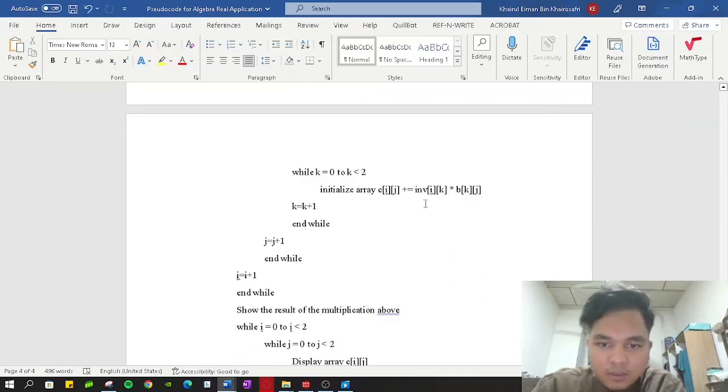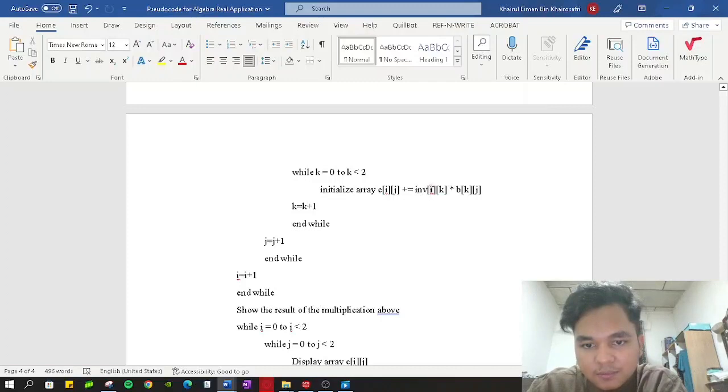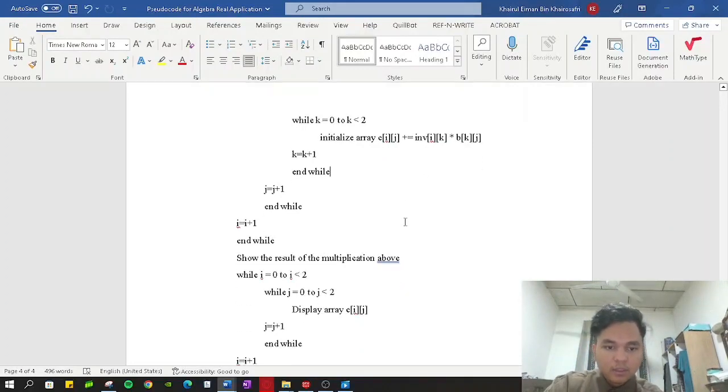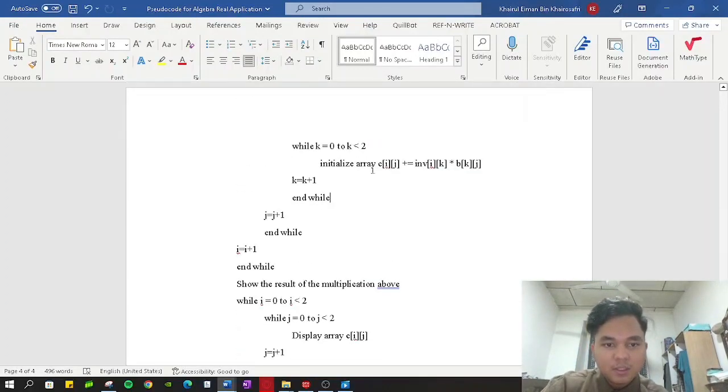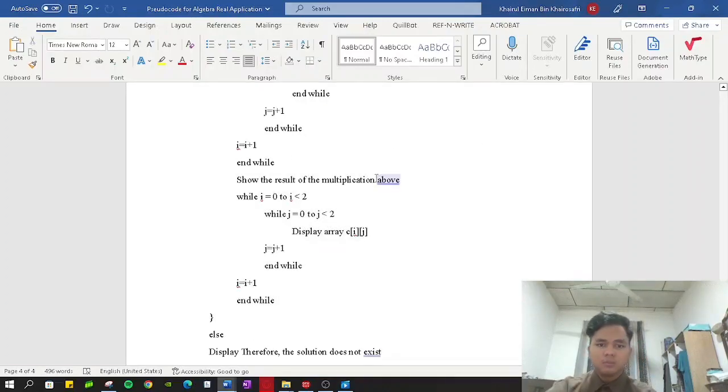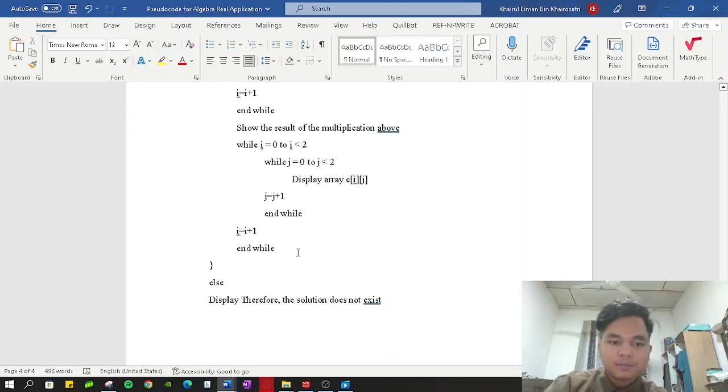So this means INV inverse i k times B. B means the second matrix, matrix B. So this is the process. After we finish the process, we need to show the result of the multiplication above. While i equal to 0, same thing, same loop, and display array C, and while.